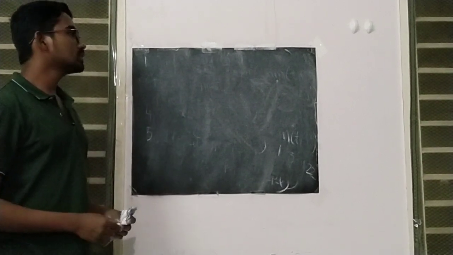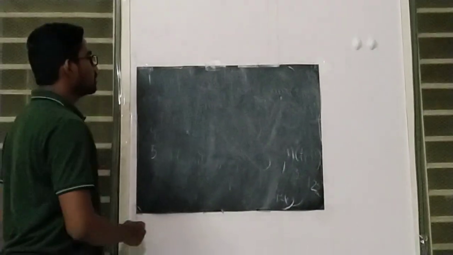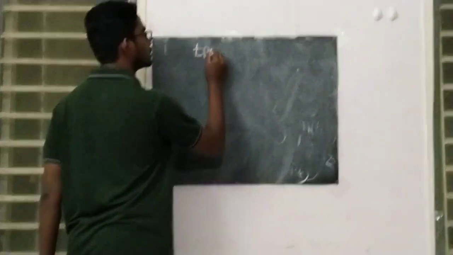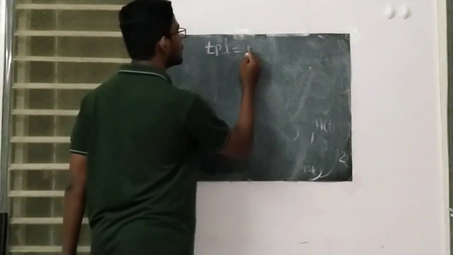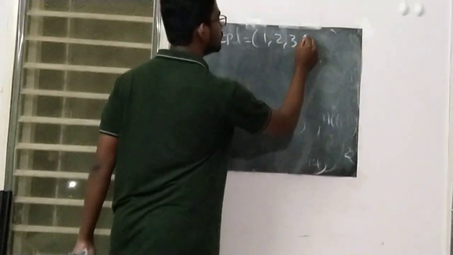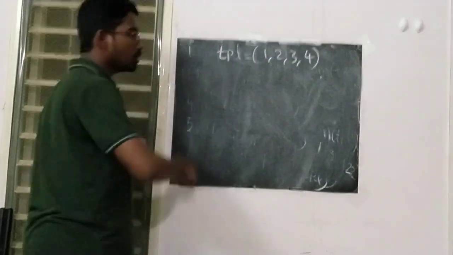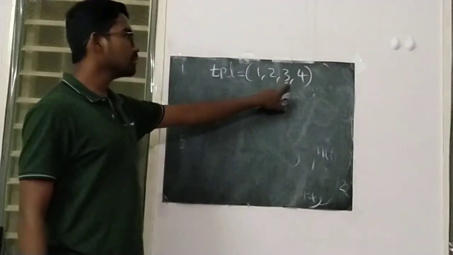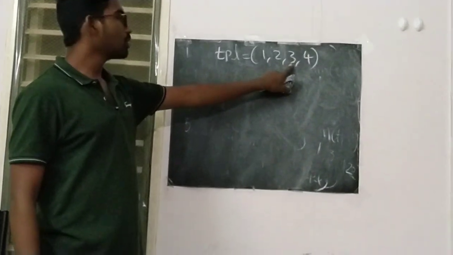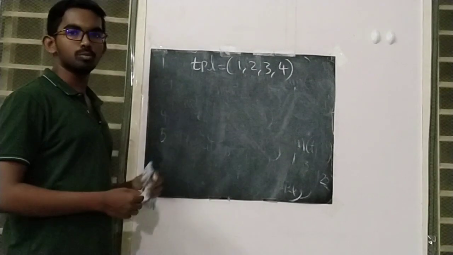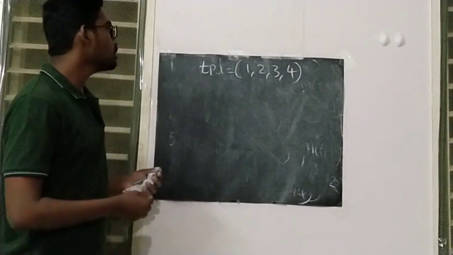Now let us discuss the conversions. For example, TPL is equal to (1, 2, 3, 4). Now if I want to replace 3 with 5, it is not possible since a tuple is immutable, but we can convert it into a list.